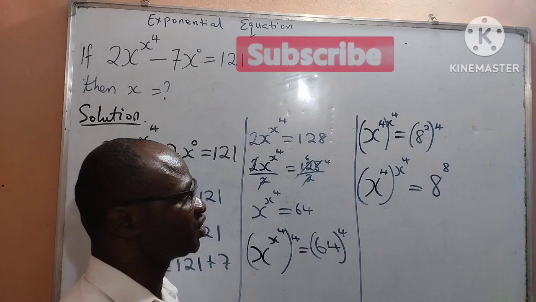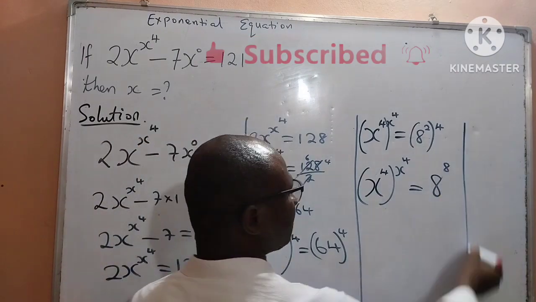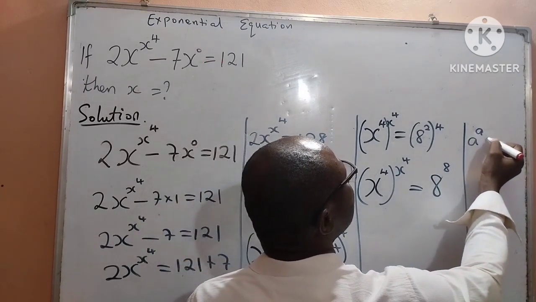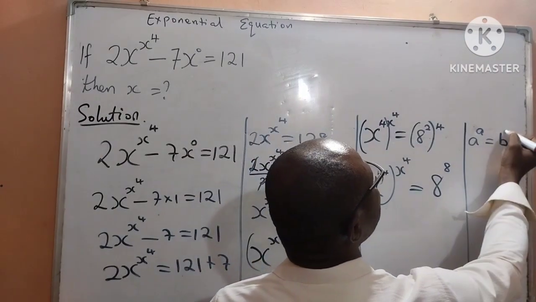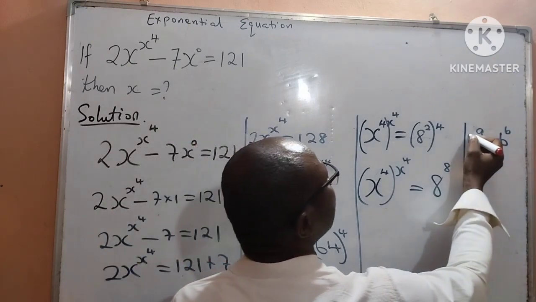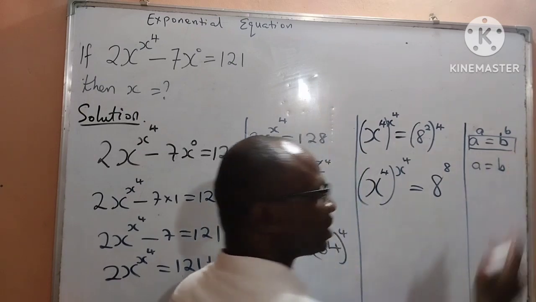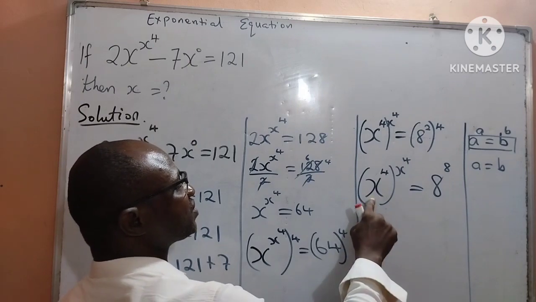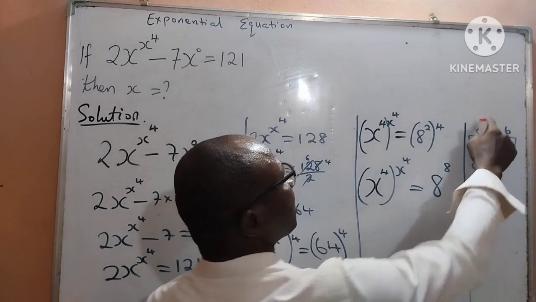Looking at this the way it is, we can now apply the law of indices that says, if I have a to the power of a equal to b to the power of b, automatically the bases become equal. So a is equal to b. That is the meaning. The base here is a, the power is also a.